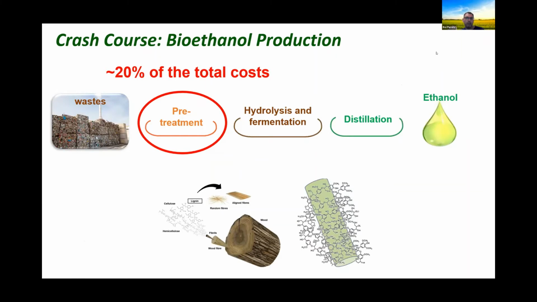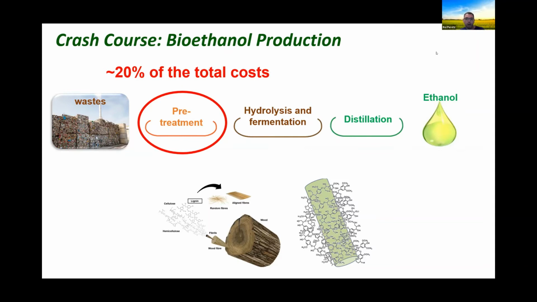A crash course in bioethanol production: we take waste, and we can ferment the sugars, the cellulose from this waste, which comes from wood or cellulosic material in the first place, and then distill it. But in waste, or in wood in general, the cellulose doesn't come alone. It also comes with another fraction of material called lignin.